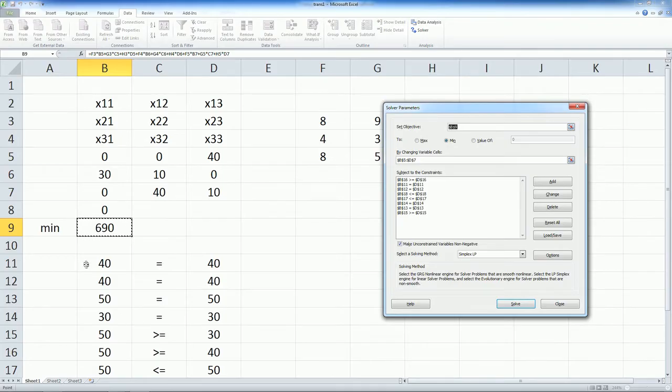So the 3 equations are B11 is equal to D11, B12 is equal to D12 and B13 is equal to D13. The first demand is an equation, so that is also here, 14. So the second one is a greater than or equal to inequality, B15 is greater than or equal to D15 which is here, B16 is greater than or equal to D16 which is here.